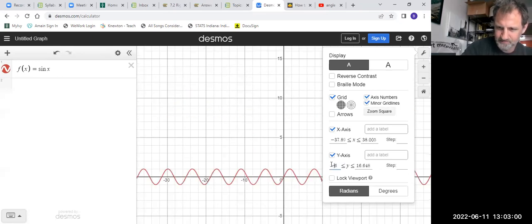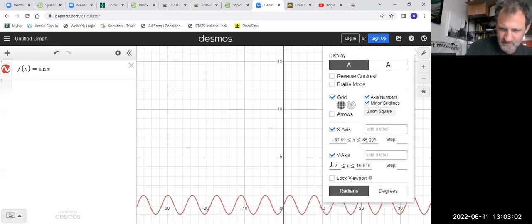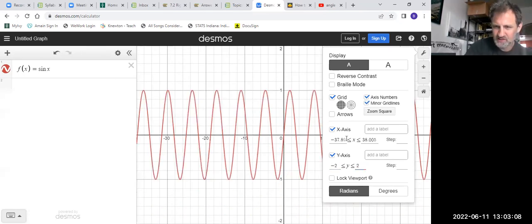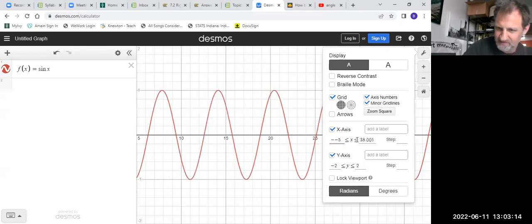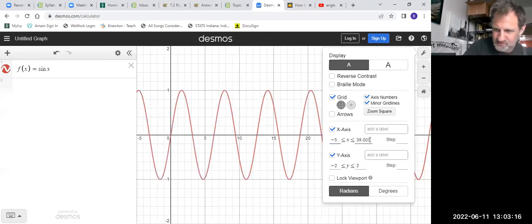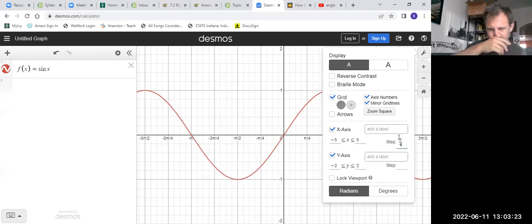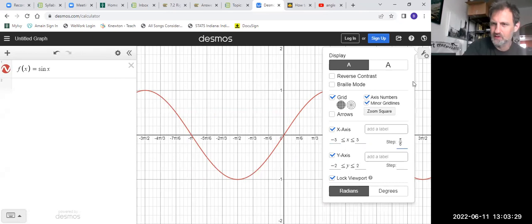That's overkill. -2 up to 2 is fine. And this step here, I don't really need to go from -37. I could just do -5 to 5. And I'm going to make my steps pi quarters. Okay. Oh, actually, let's do pi 6. All right, great.